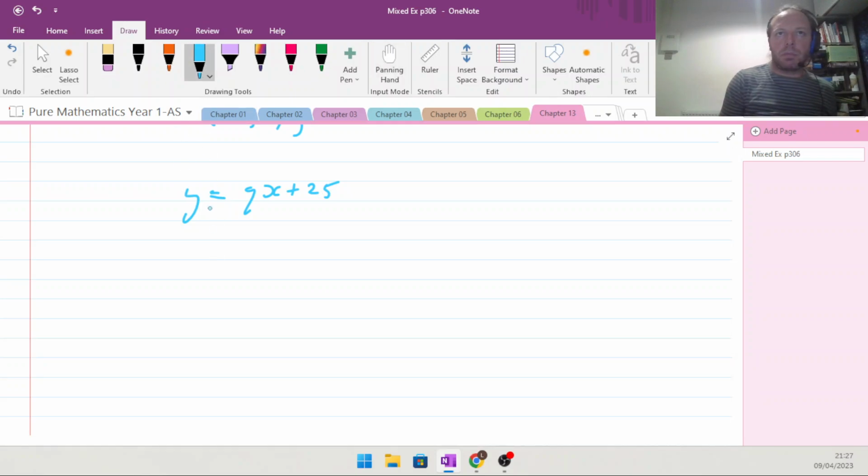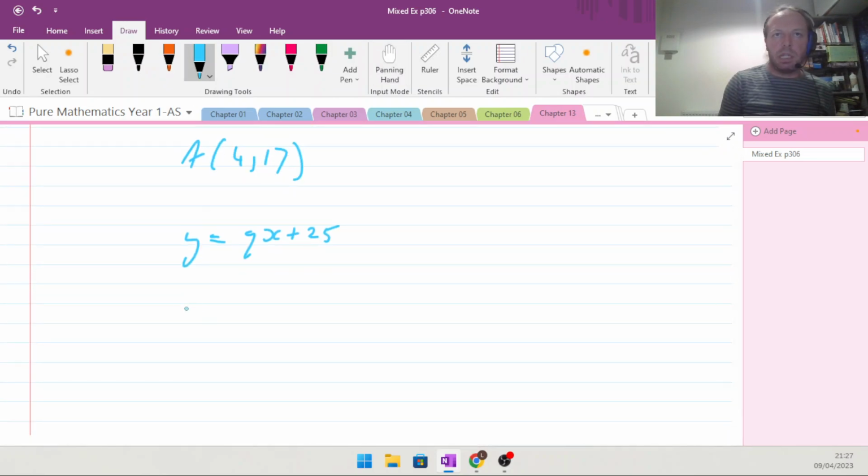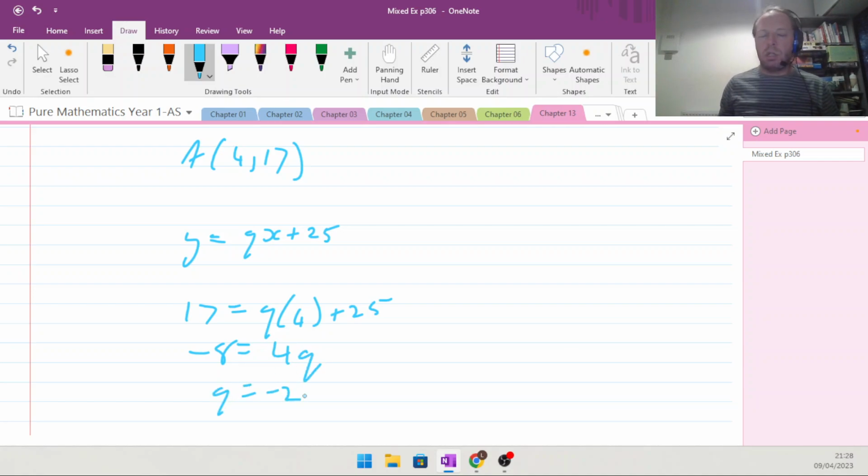We know it intersects at y equals 17, so 17 equals q, and that was when x was 4, plus 25. So 17 minus 25 is minus 8. Minus 8 equals 4q, and so q equals minus 2.